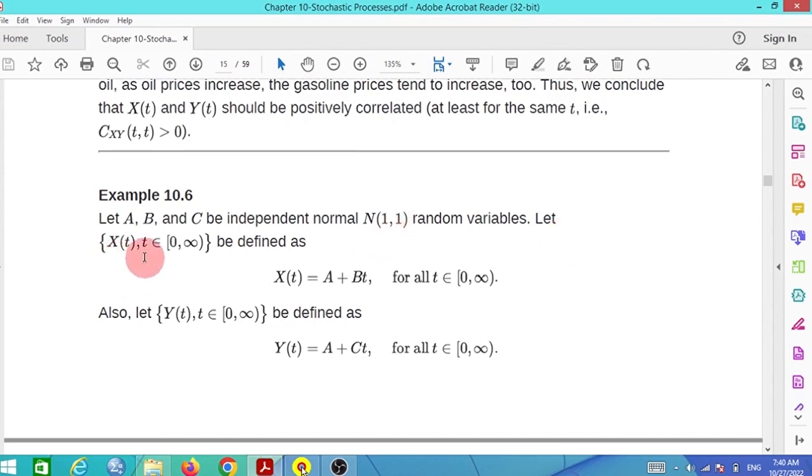And let xt, for t belonging to this interval defined by this notation, be a random process, xt = A + B·t, and let yt be another random process, yt = A + C·t.